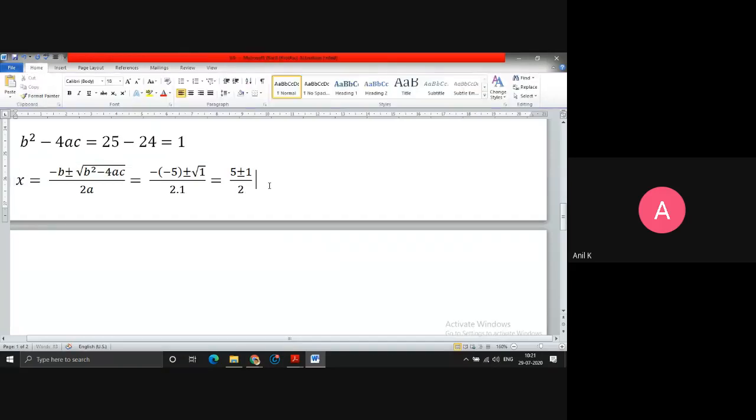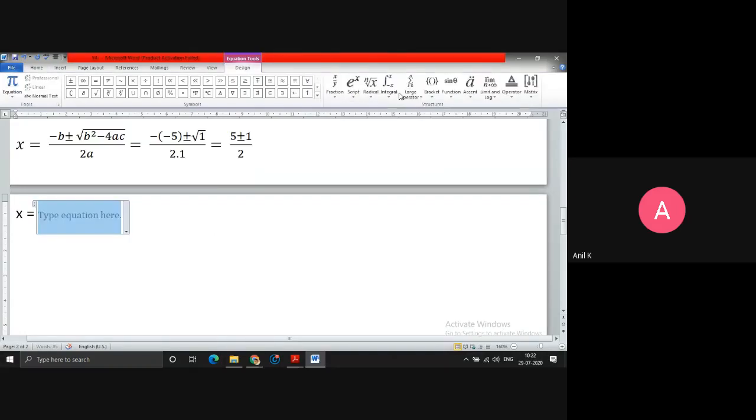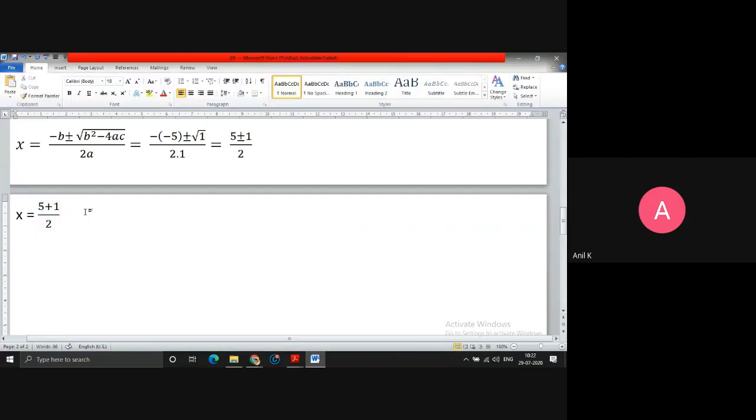So now I have two cases here. One case is, as I said, x equals, when I take the plus sign, 5 plus 1 upon 2. This is one case.